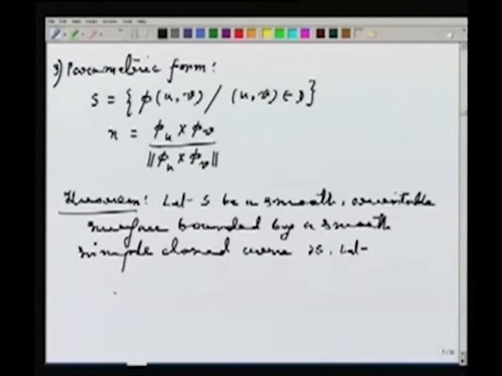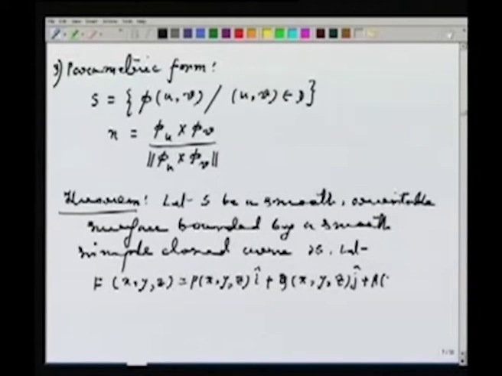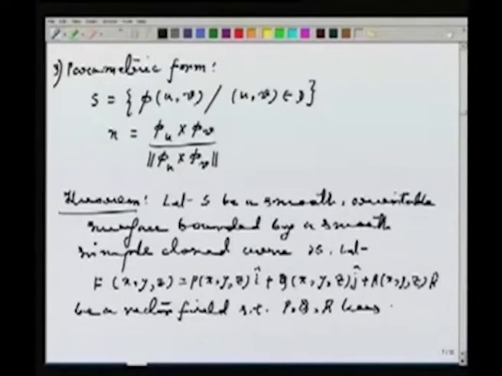Let F(x, y, z) = (P, Q, R) be a vector field such that P, Q, R has continuous first partial derivatives.